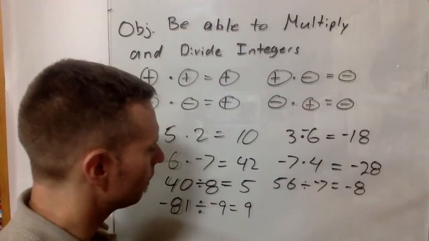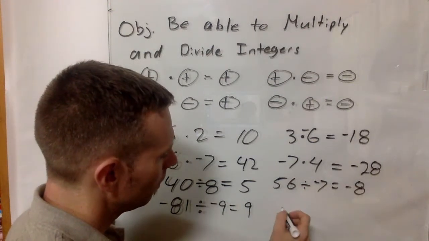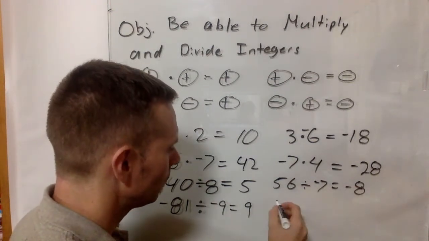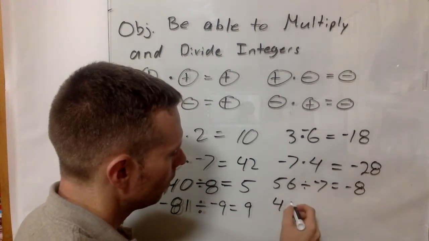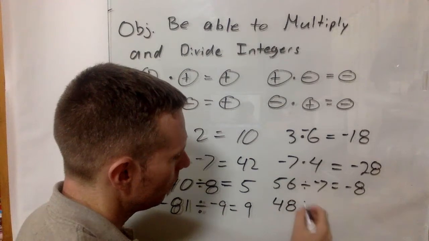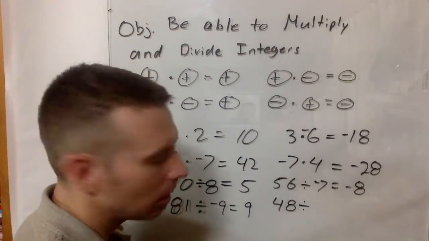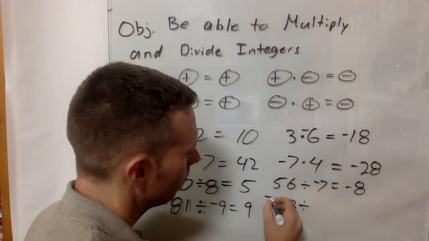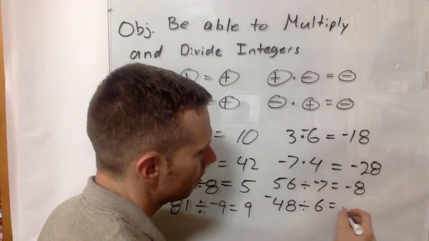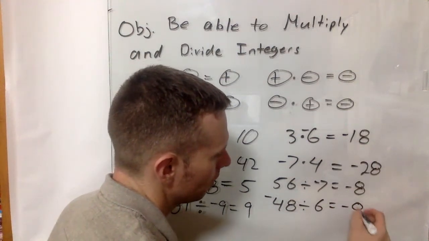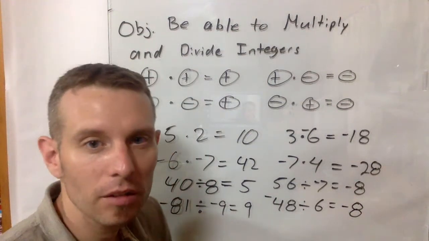And let's see, last but not least, -48 divided by 6 equals -8. Okay, so there you go.